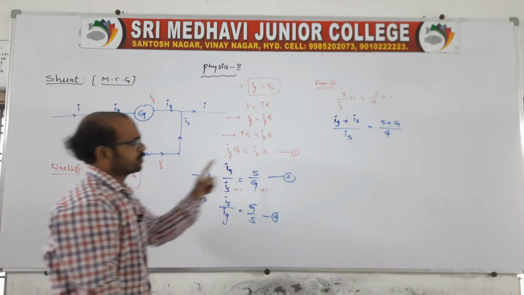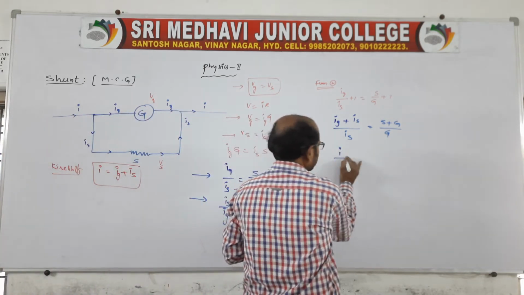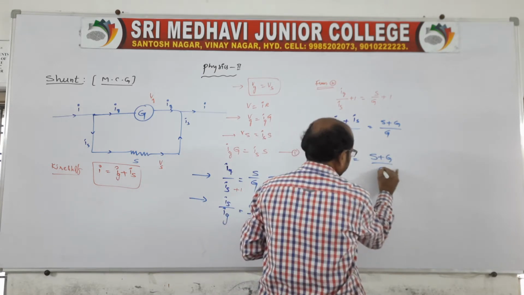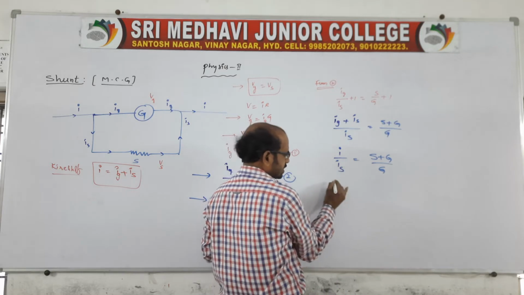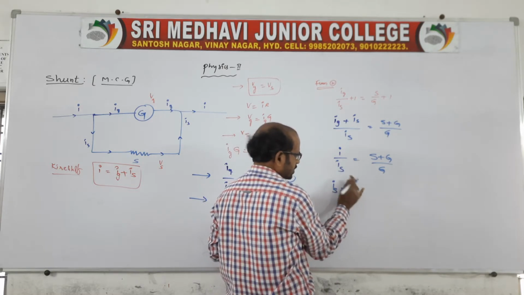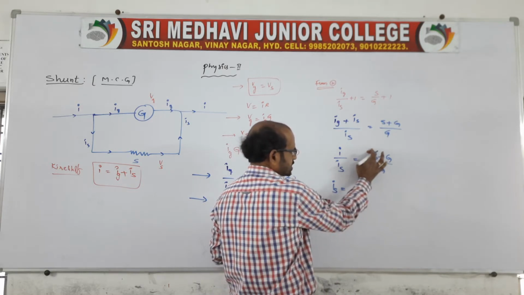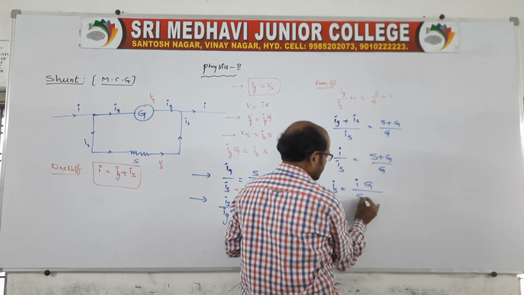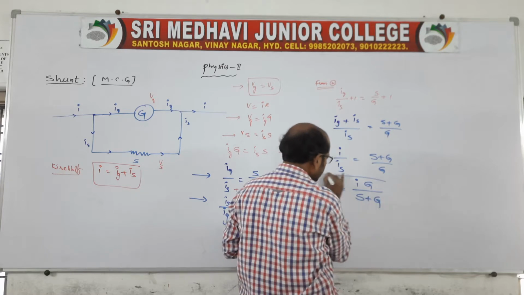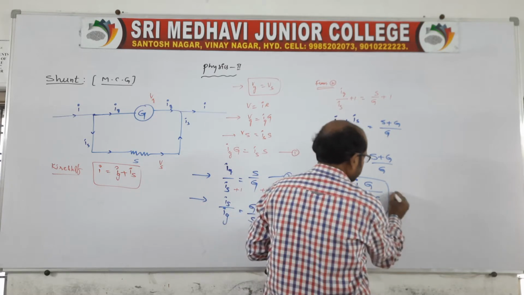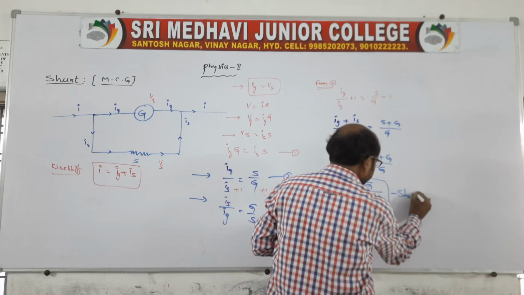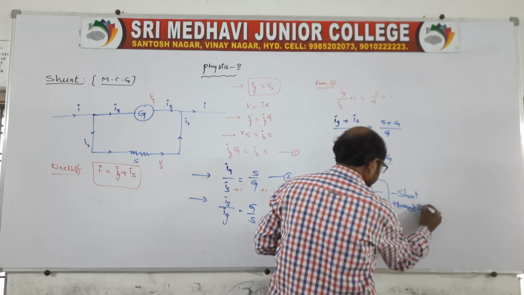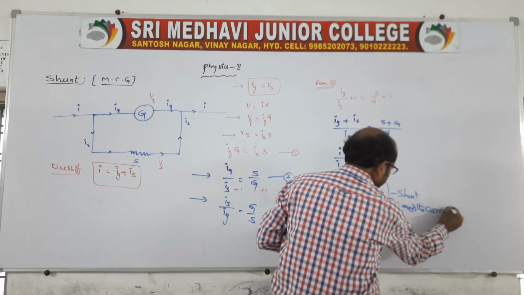So I by Is is equal to S plus G by G. Cross multiplying, the shunt current is equal to I into capital G by S plus G. This we call the shunt current. Clear?